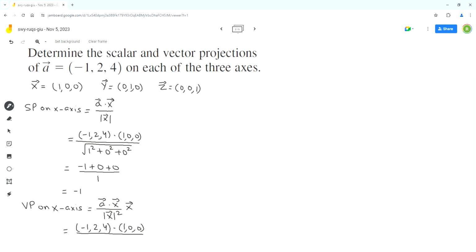The magnitude of vector x is 1. Now we can simplify this expression. For the dot product, we got negative 1 in the calculation for scalar projection.